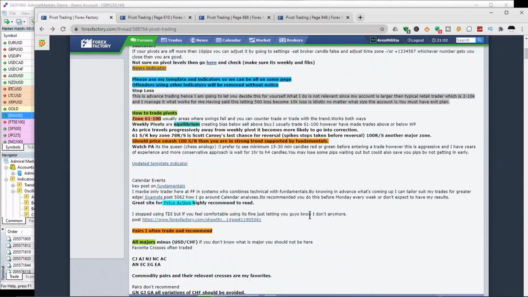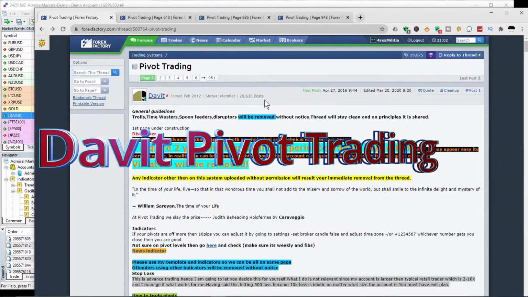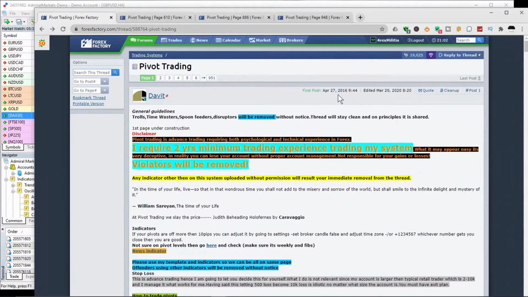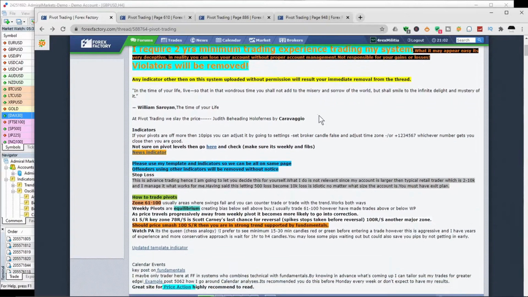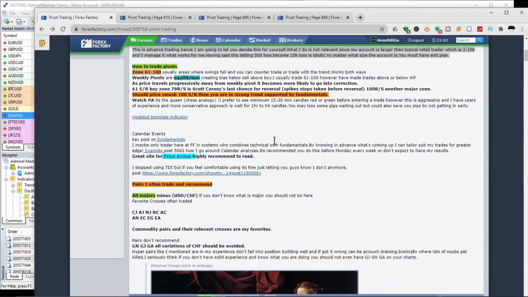Okay, so with the Davit pivot trading forum on Forex Factory, this has been around since about April of 2016. It's been edited just recently. I believe what he did was he updated the template with a new indicator.